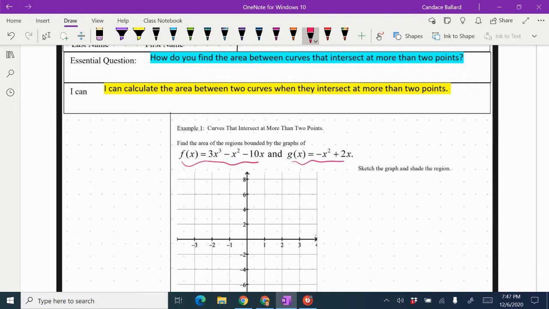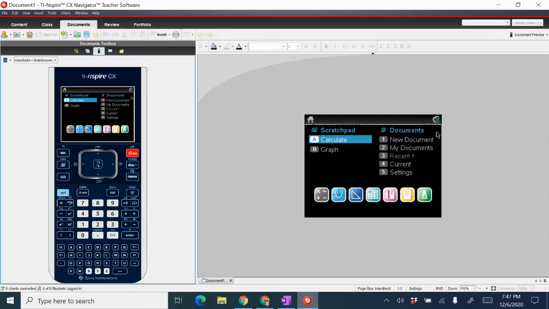I am going to kind of do this problem two different ways. For my sketching and my shading, I'm going to use the power of technology to help me out.